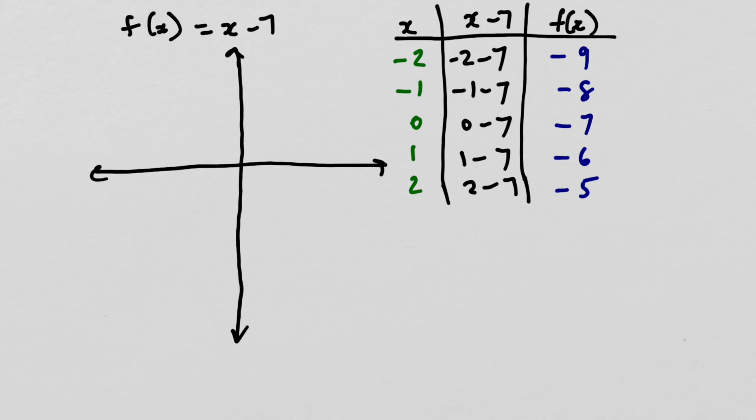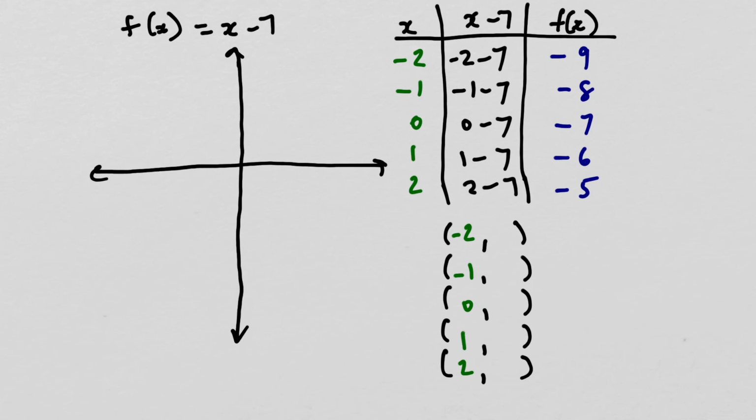So we're going to do 5 points: 1, 2, 3, 4, 5. Okay, so first coordinate, I'm going to just write all these out. -2, -1, 0, 1, 2, and -9, -8, -7, -6, -5.